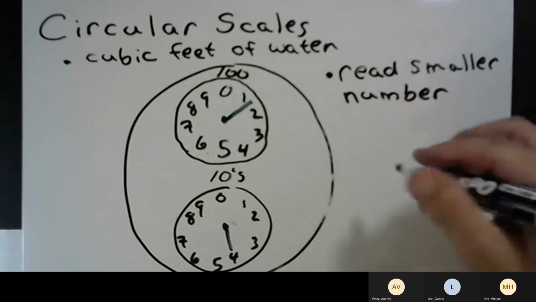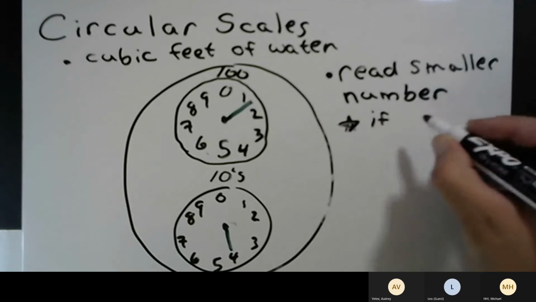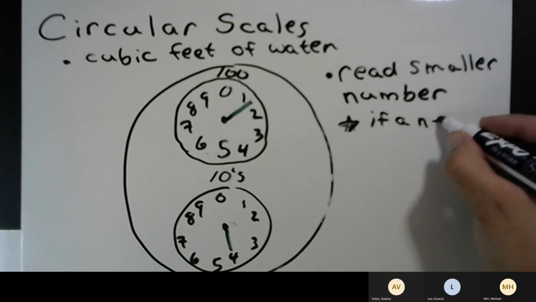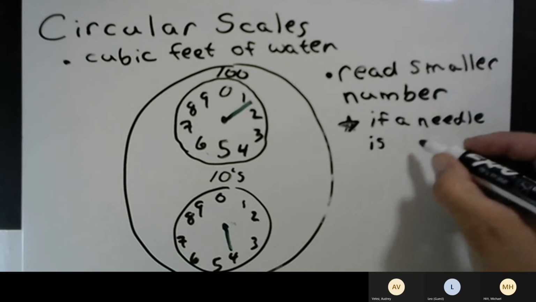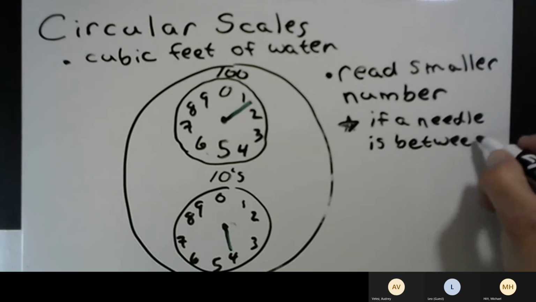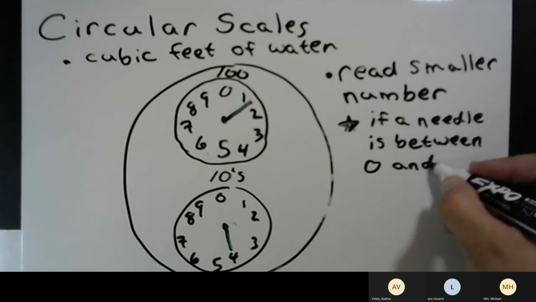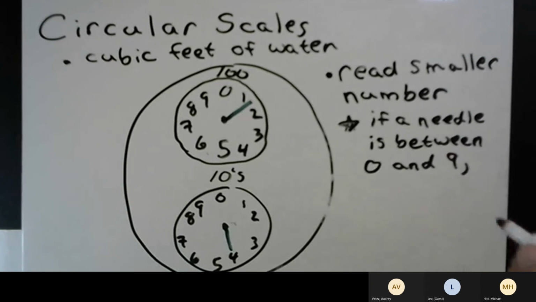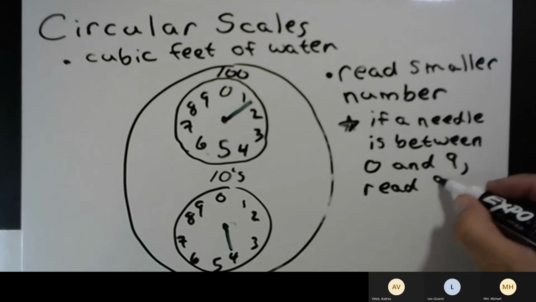Now there's an exception to this. If a needle is between 0 and 9, we read the 9.